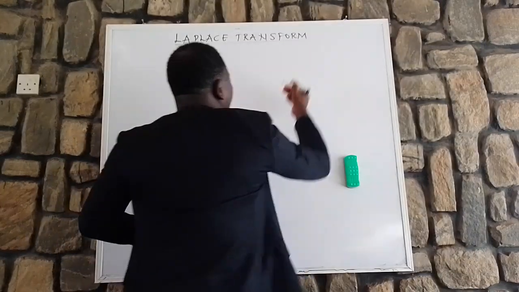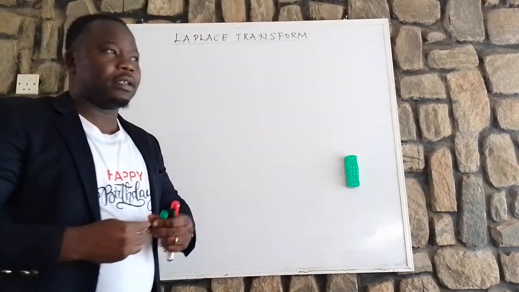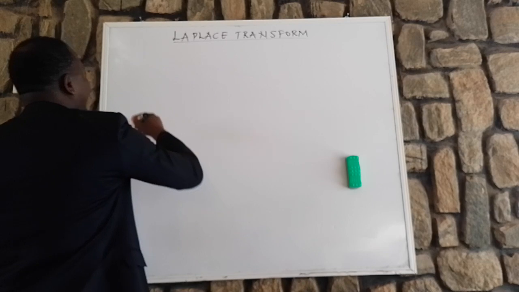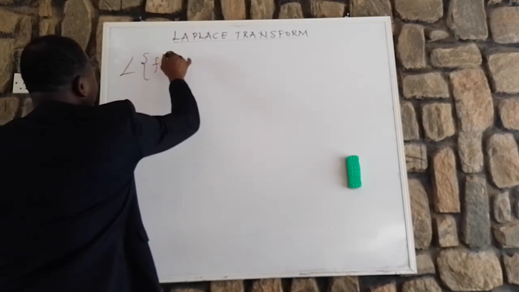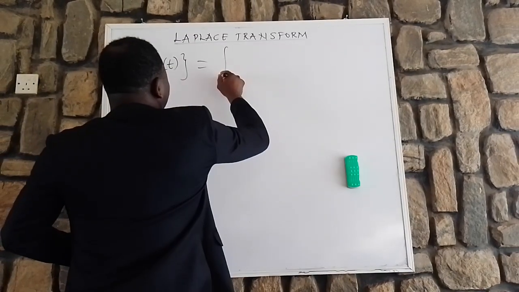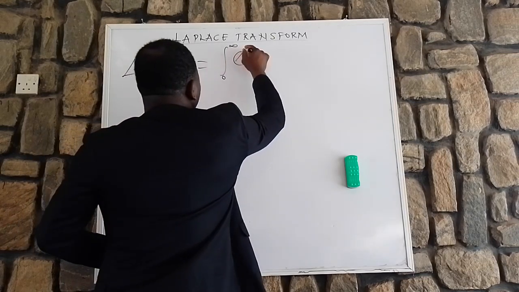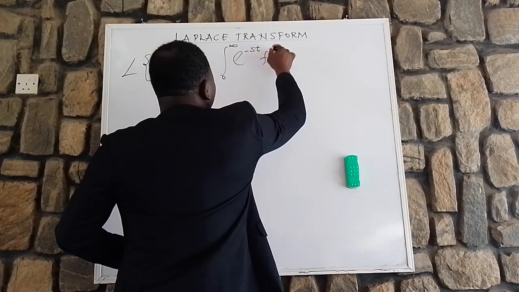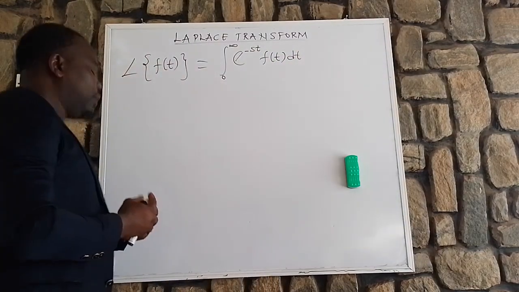Let's first define what Laplace transform is all about. Mathematically, Laplace transform is defined as the Laplace of f of t is equal to the integral from 0 to infinity of e to the power minus st times f of t dt.